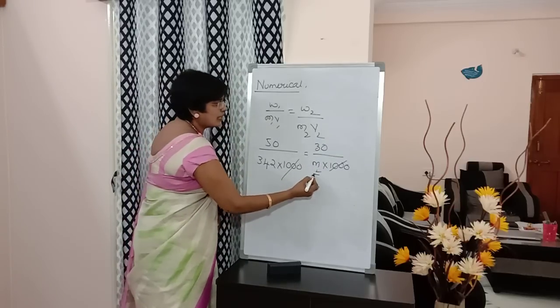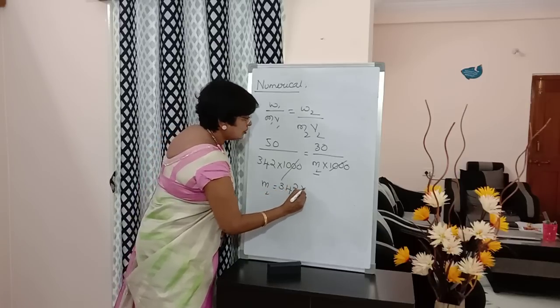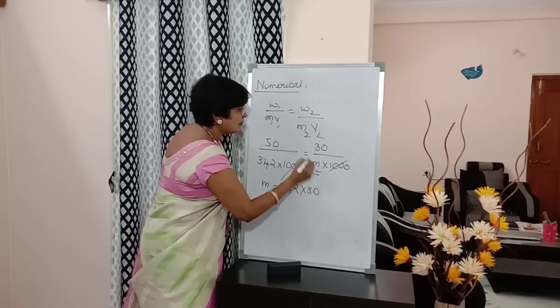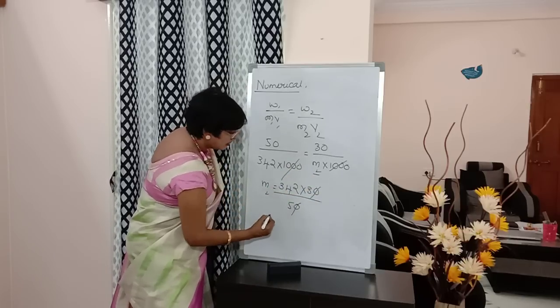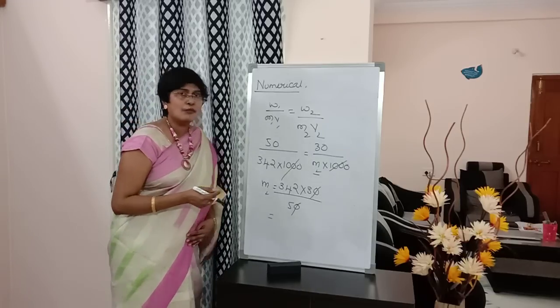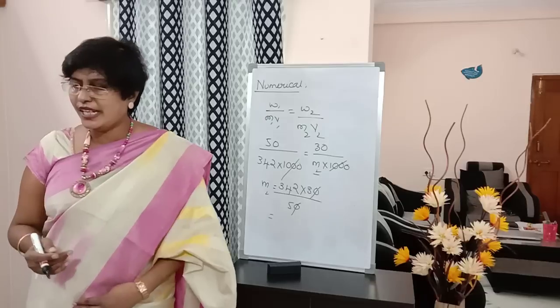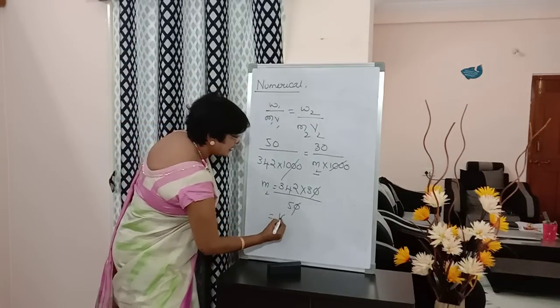Now, so how to calculate M2? M2 is equal to 342 into 30. Cross multiplication students, divided by 50. So very easy multiplication. 342 into 3. How much students? Multiply 342 into 3. 1026. Did you get the same value?